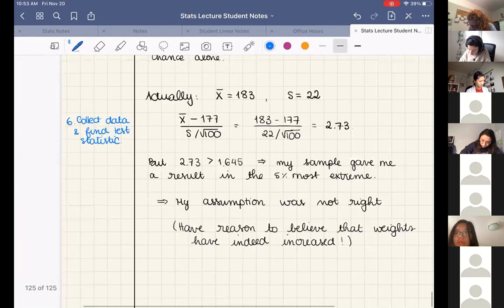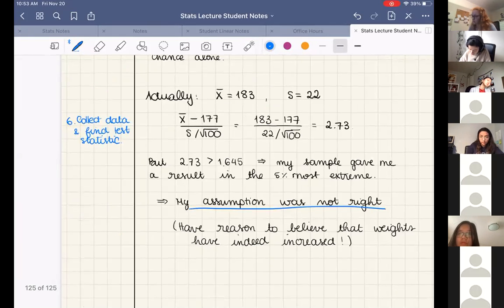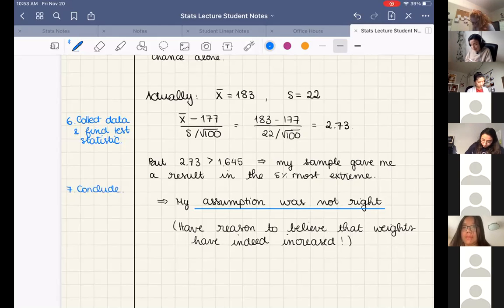Our conclusion is based on the rejection region. If I fall in the rejection region, then I reject my original hypothesis, my null hypothesis, whereas if I fall outside of my rejection region, in the area that I should expect my values from, then my null hypothesis is valid. It's a reasonable explanation for my data.